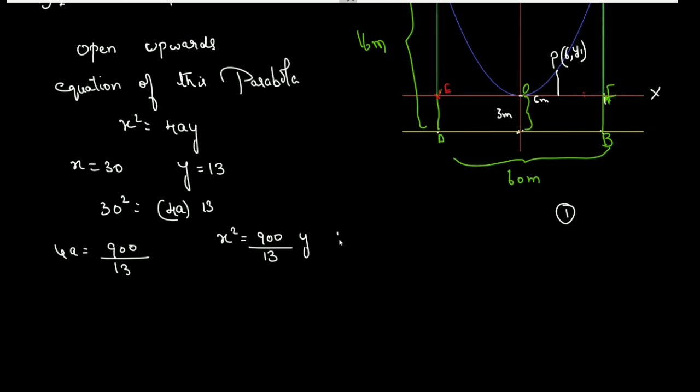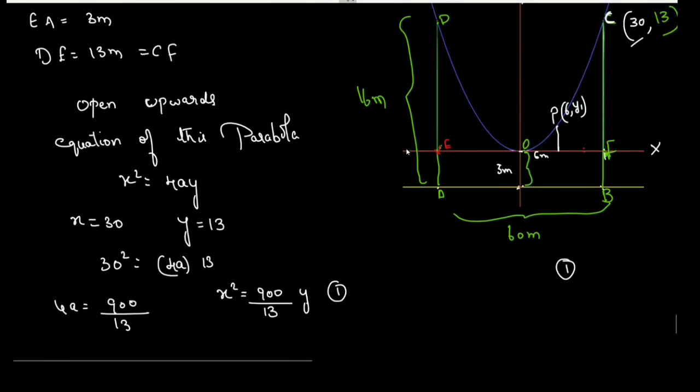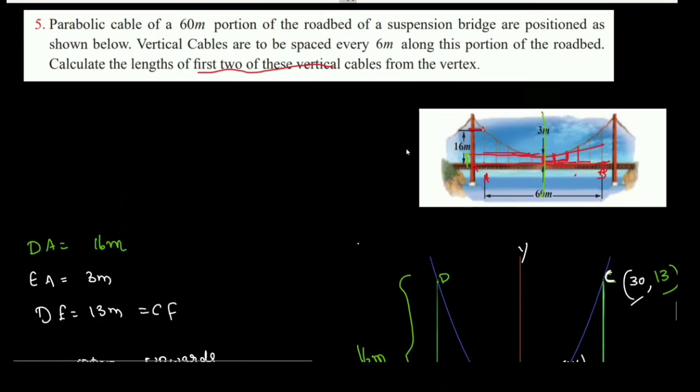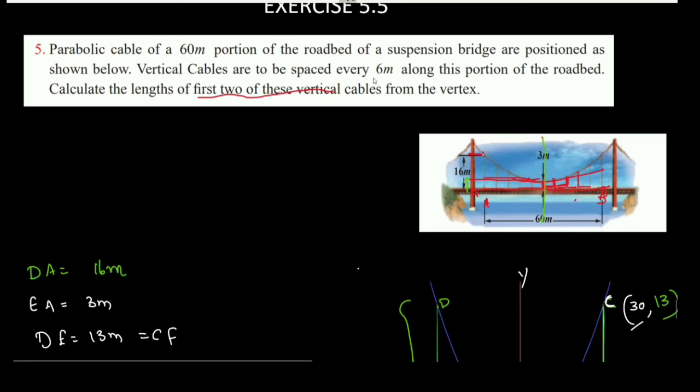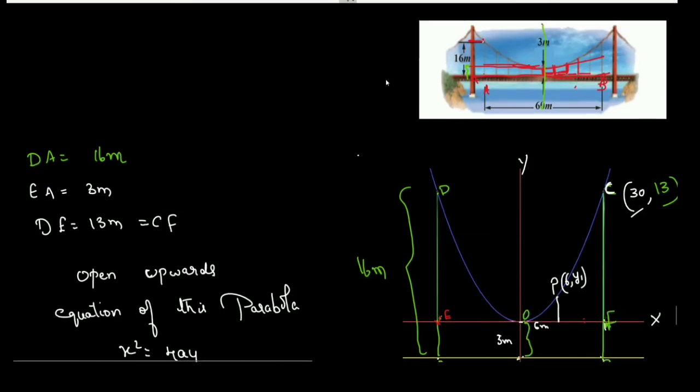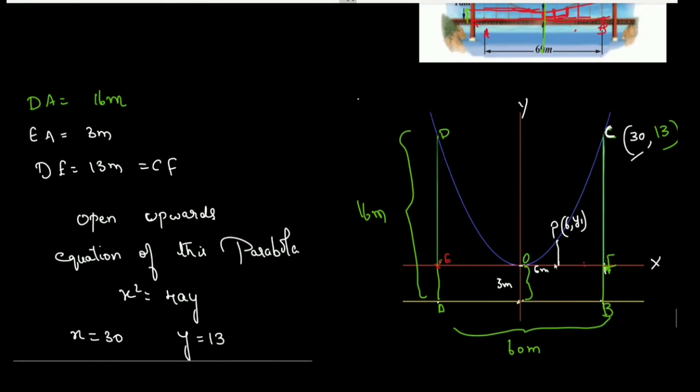We have to use this equation to find the length of the cables. They have said every 6 meters a cable is fixed. So we have to find the height of this cable. Let us take this as 6 meters. The height we take as y1. So the point P is (6, y1).